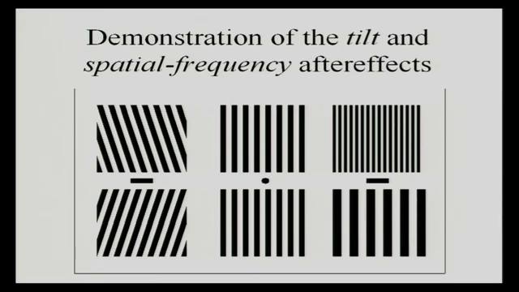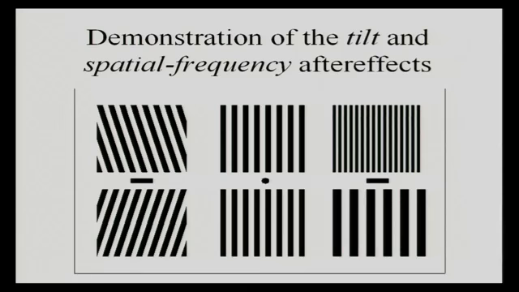Anyone want to guess? They will appear tilted. Which way might they appear tilted? Well, I mean, why would I show it if it wasn't something that's going to happen, right? Yeah, logically opposite.